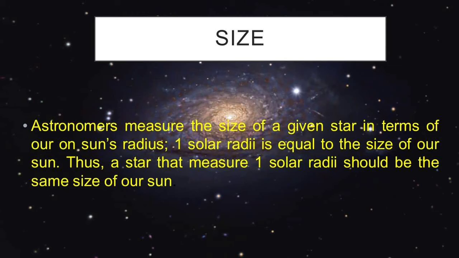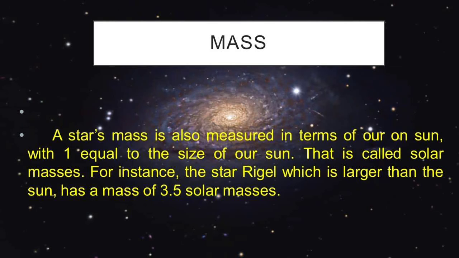Imagine there is a star we name Rigel. If it has the same size as our sun, it measures one solar radius. Do you follow, class? Okay, that's very good.